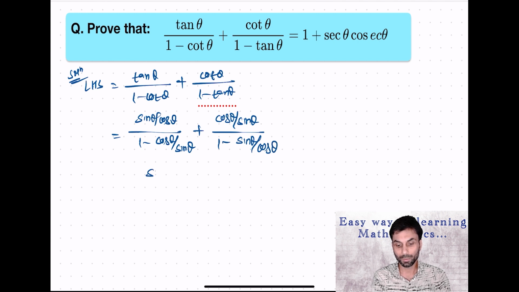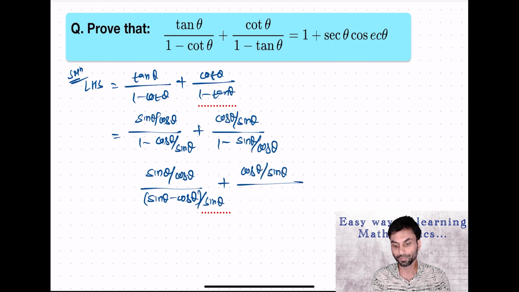Now if you take the LCM of the denominators, we can write it as sine theta minus cos theta upon sine theta, plus this will be cos theta upon sine theta upon cos theta minus sine theta upon cos theta.